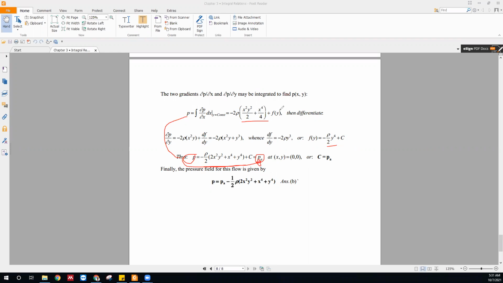And f of y is minus rho by 2 y to the power 4 plus c. So you put those values here, and all the x and y terms are 0. So c will be PA. Now we know c equals PA. We put that value here. So f of y equals minus rho by 2 y to the power 4 plus PA.